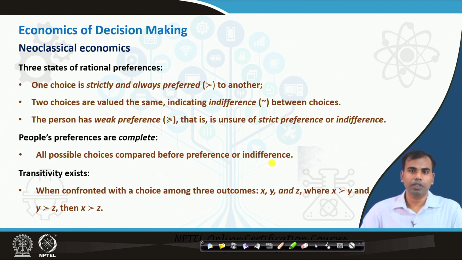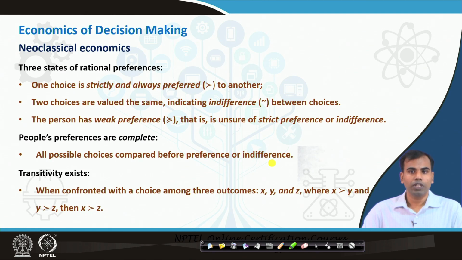The second alternative explanation of rational preferences is the economic agent is indifferent between two choices, which means if there are two alternatives, the utility or the benefit that the economic agent wants to derive from it is equal among these two choices that he has.